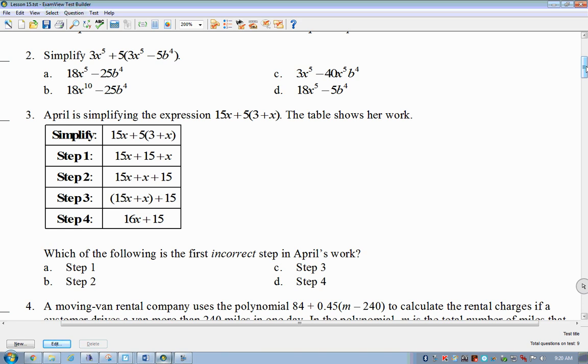Okay, so this is 3x to the 5th minus 5b to the 4th. Can I subtract those from each other? No, why not, class? Because they're not like terms. Okay, so you were right to look there first, right? Because order of operations would tell me to go inside the parentheses and see if I can simplify that. But since I can't, what's next?